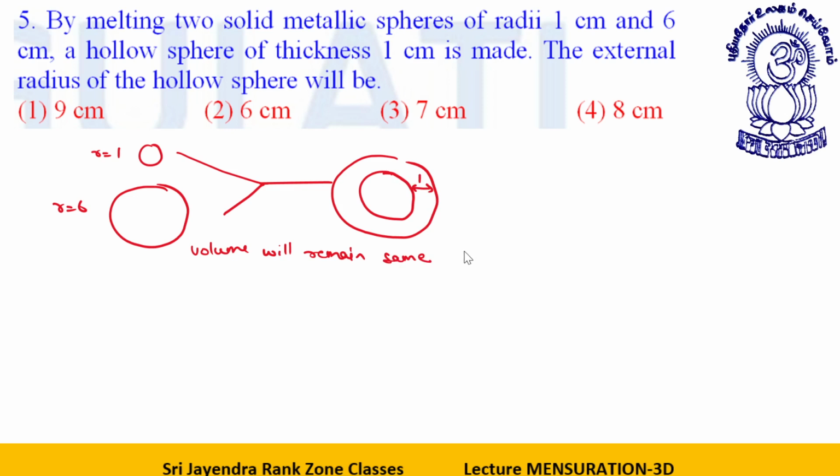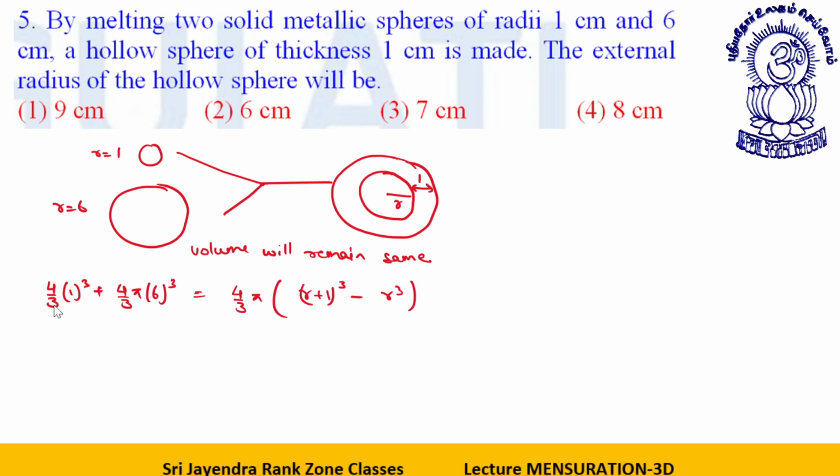If this thickness is 1, let's say this is small r, this radius will be capital R, small r plus 1. So what will happen? 4 by 3 pi into 1 cube plus 4 by 3 pi into 6 cube is equal to 4 by 3 pi into r plus 1 cube minus r cube.